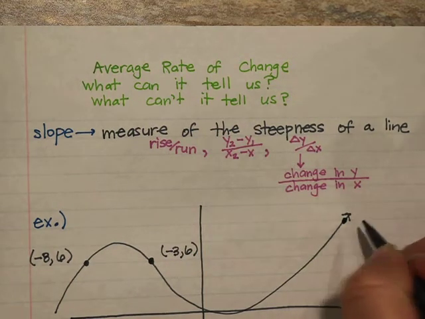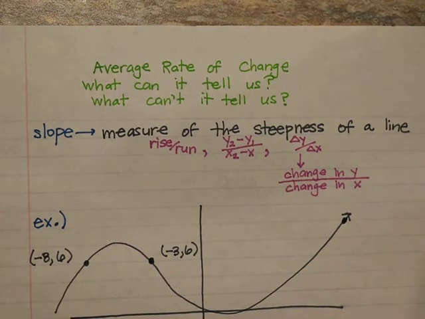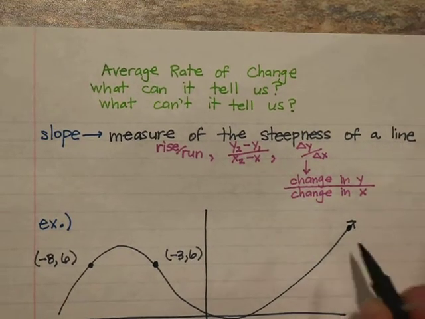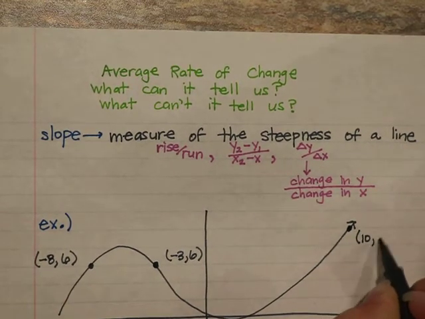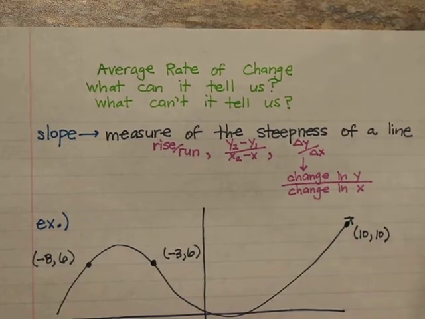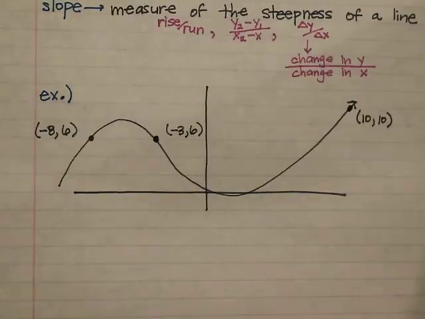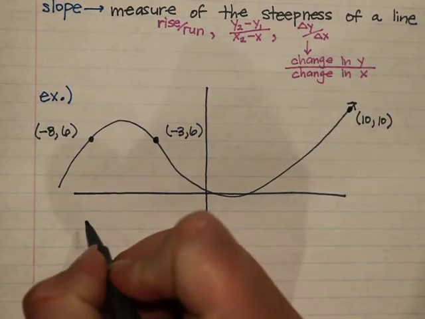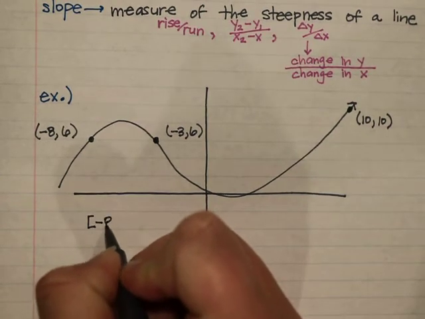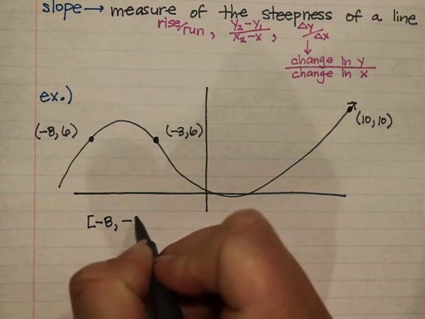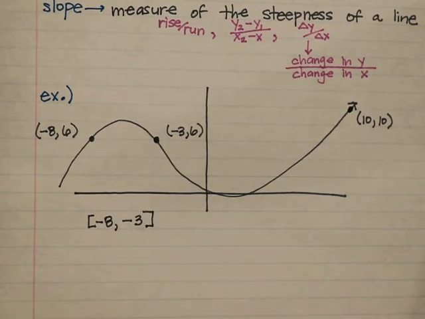And what would this be? Oh, let's call it 10, 10. Okay? And I can talk about the average rate of change between intervals on this graph. So I can look at the average rate of change from -8 to -3. So I'm looking at it on that interval.